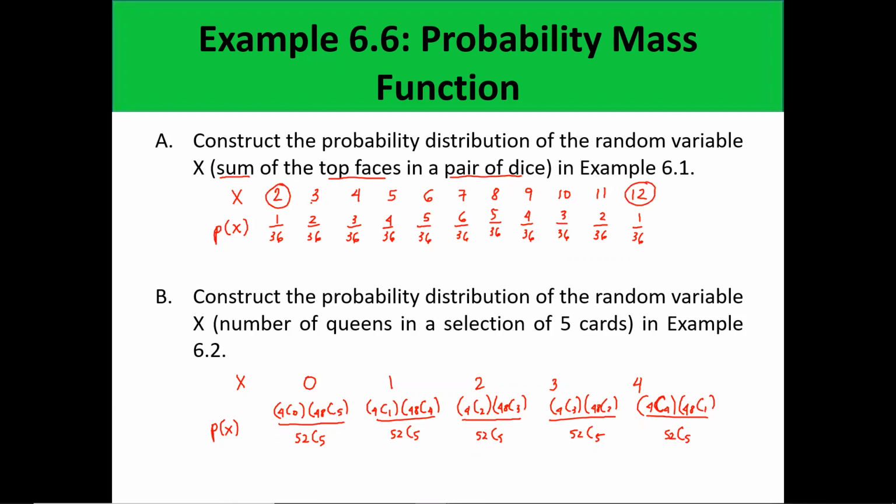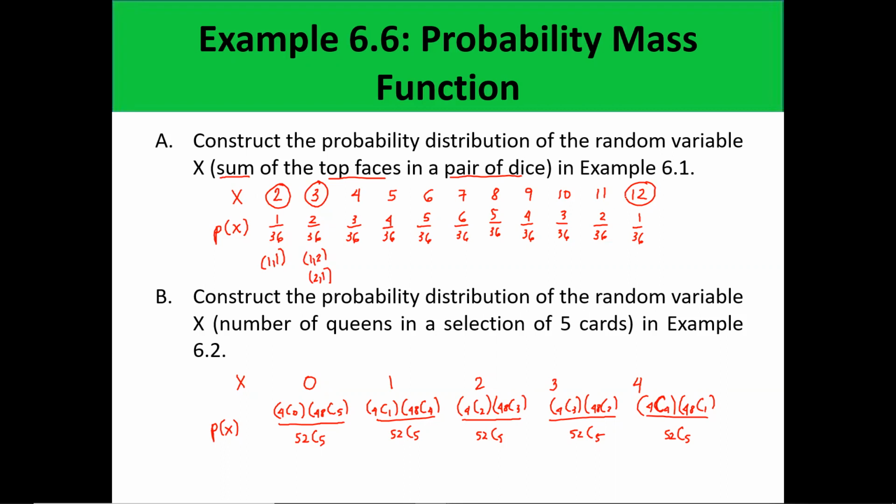Now, the only outcome that would correspond to a sum of 2 is the outcome 1, comma 1. So the probability that x equals 2 is 1/36. Now, for x equals 3, the only outcomes are 1, comma 2 and 2, comma 1. So the probability is 2 out of 36.